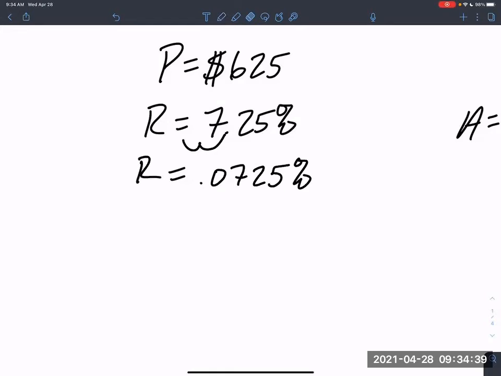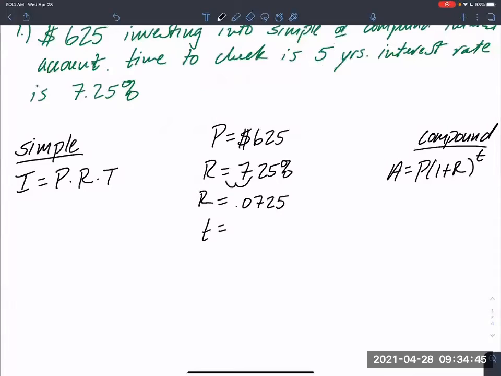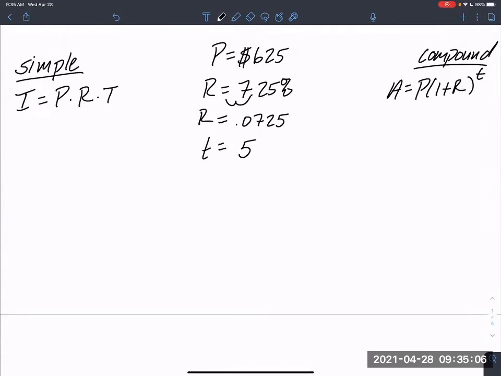Oh, and you know what? We just converted it. We don't need that. And then time, 5 years. So let's go ahead and start doing the math, okay? I'm going to start with simple first. Let's just plug in our numbers.